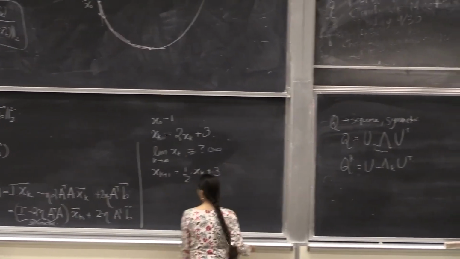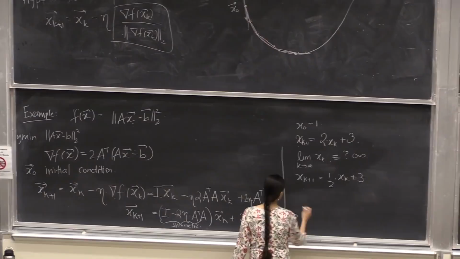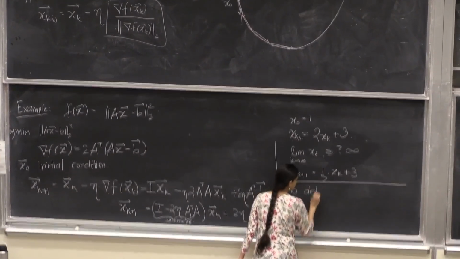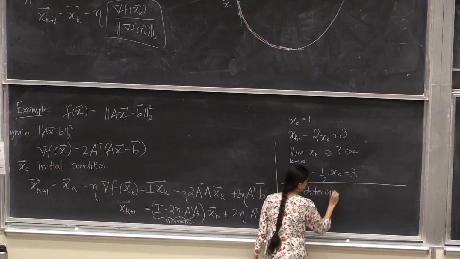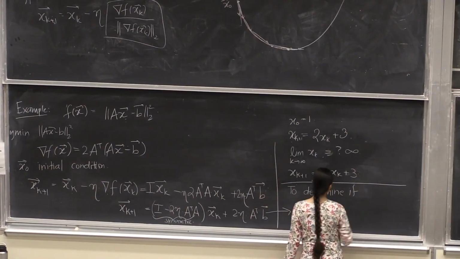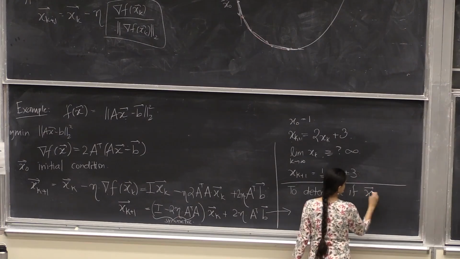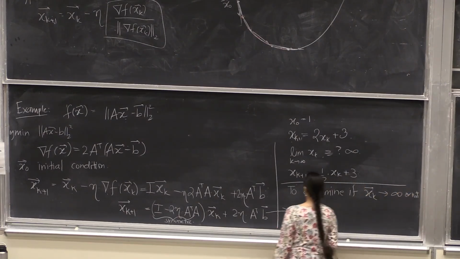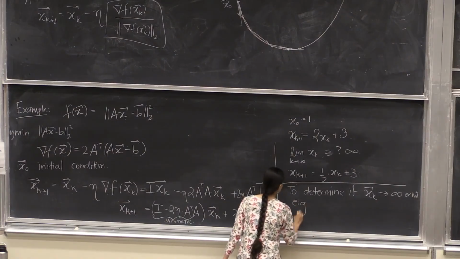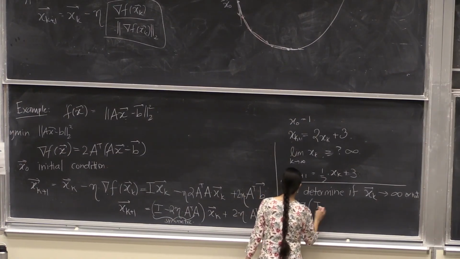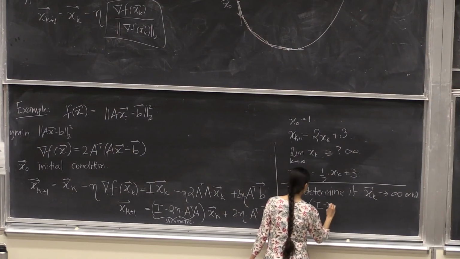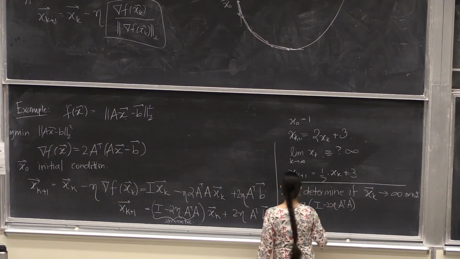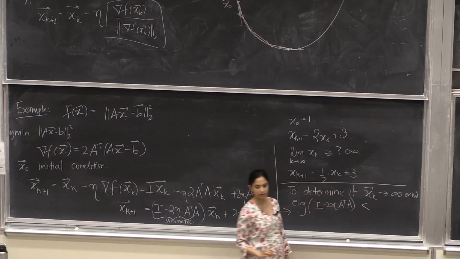Okay, so the quantity of interest to determine if x k goes to infinity or not is the eigenvalues of Q. What do the eigenvalues need to be?